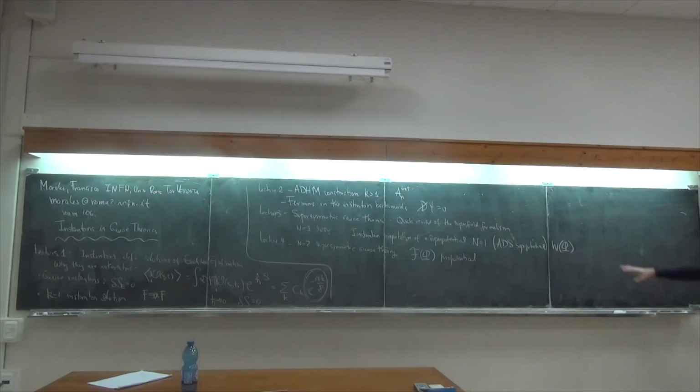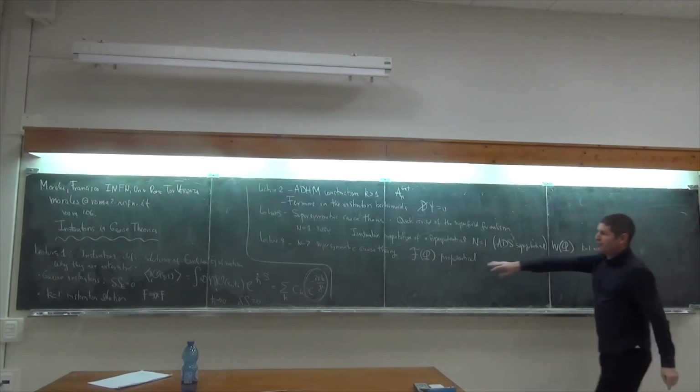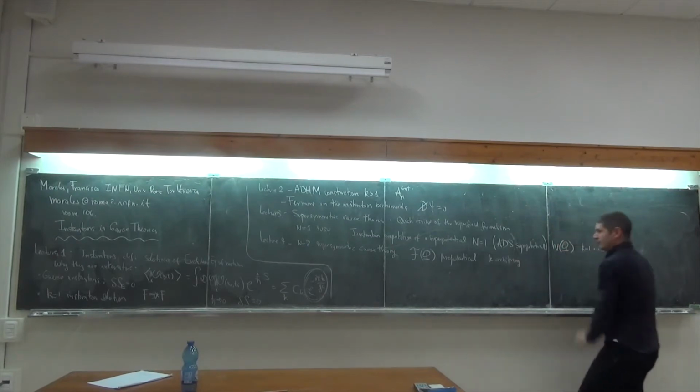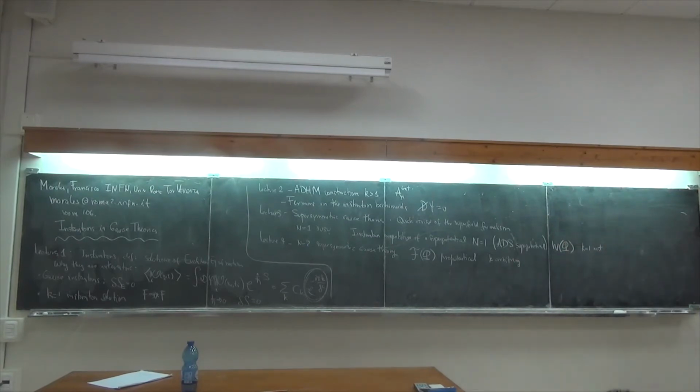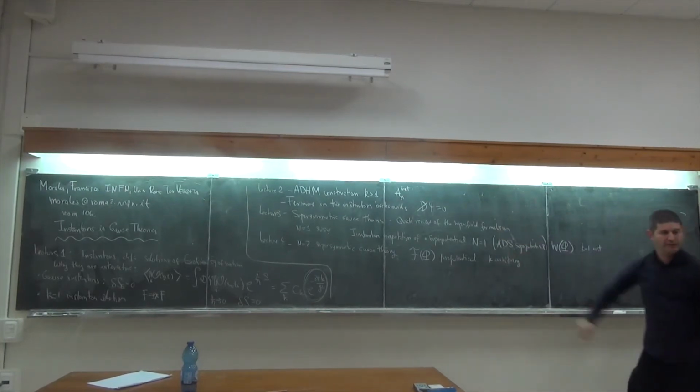The main difference between these two cases is that for N equal 1, only k equal 1 instanton contributes, while for N equal 2, any k contributes. Therefore, you can imagine that this computation looks much more difficult than the other.